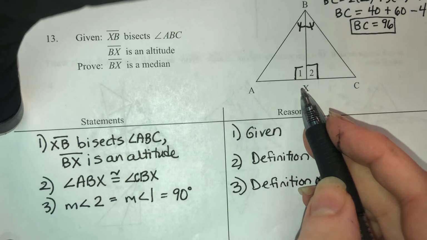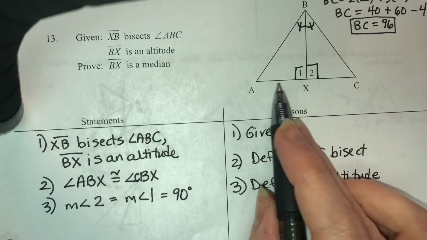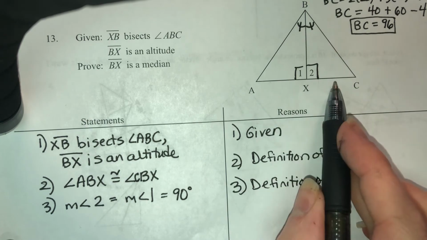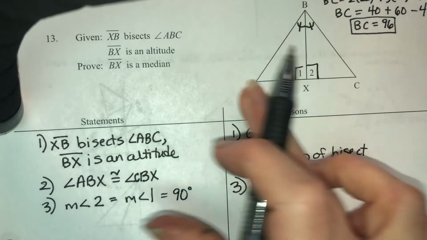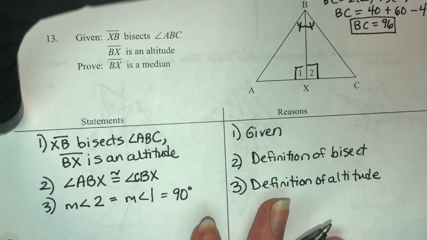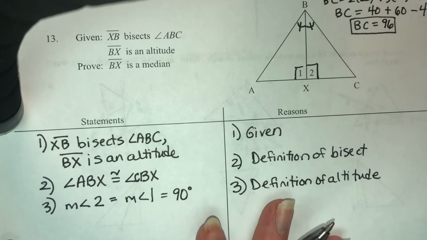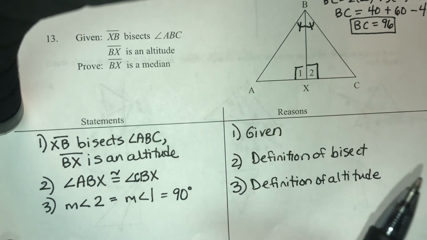So, I'm trying to prove that this segment is a median, which means I'd like to prove that these sides are equal. Probably the easiest way to do that would be to begin by proving the two triangles are congruent, which we've gotten a lot of practice with recently, proving triangles are congruent. Do you see anything else on this picture of these two triangles that would have to be the same?